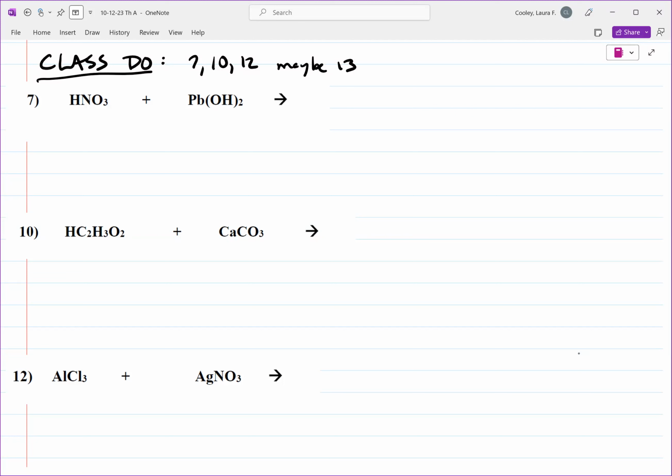There's no such thing as any steel free water. So that's 100% safe. That's balanced.